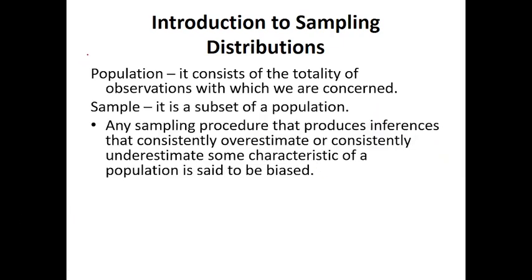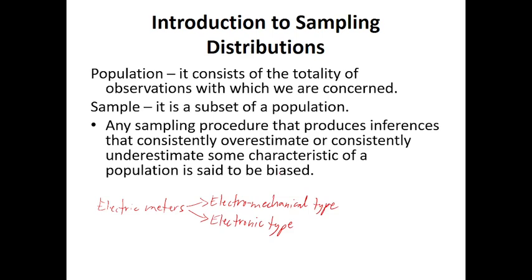For example, suppose we have electric meters. They are classified into two. We have the electromechanical type, then we have the electronic type. So you have these two types of meters.